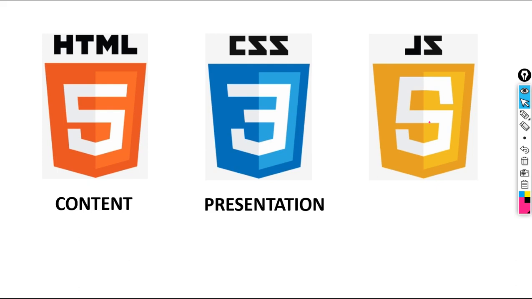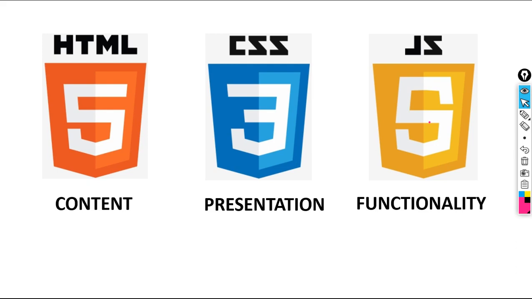We need to give color also to make it beautiful, so that it will look beautiful. So HTML is used to give the content of the web page, and CSS is used to represent that content in a particular presentation. Now, what is JavaScript? JavaScript is used to give functionality.